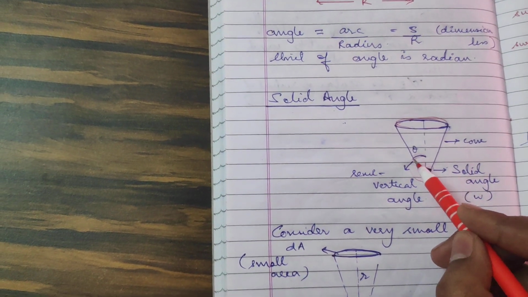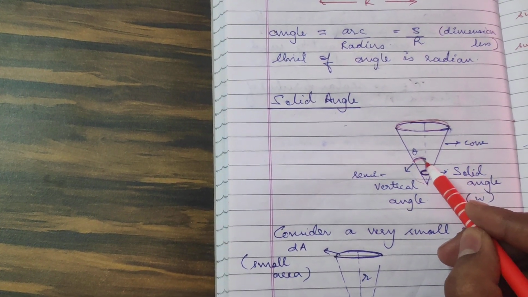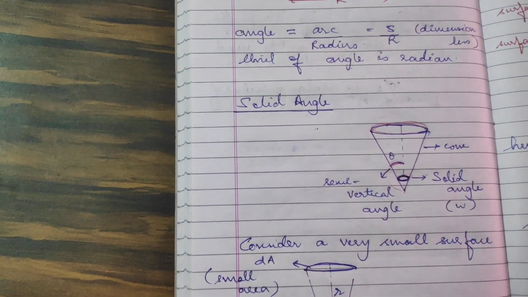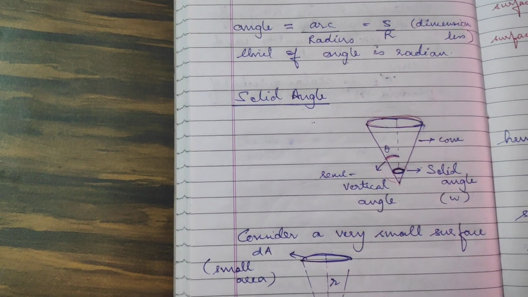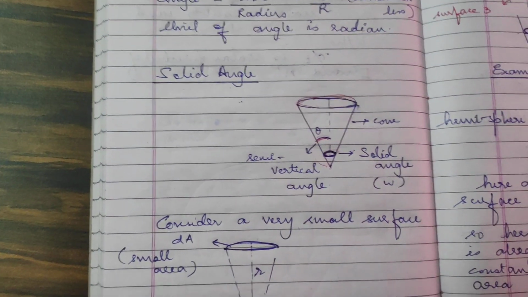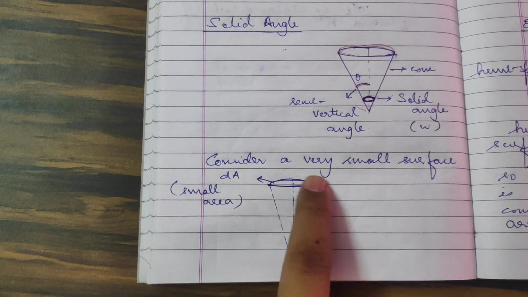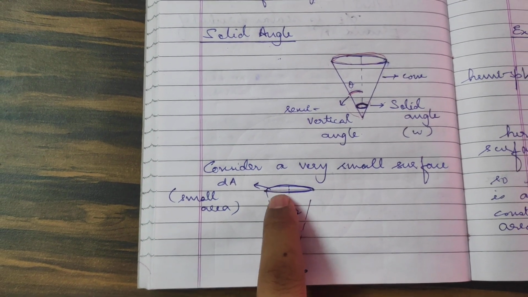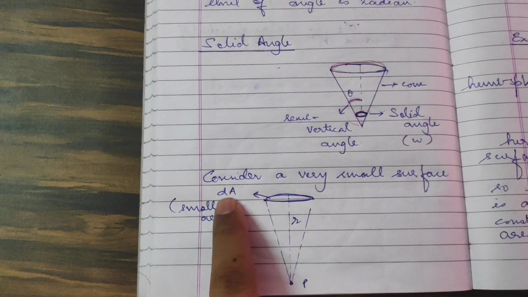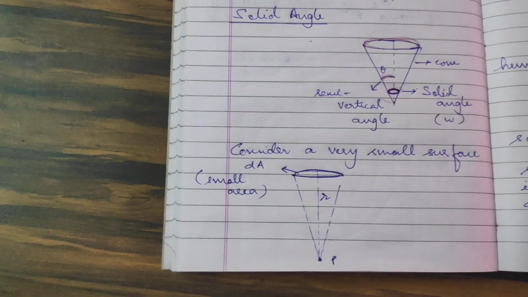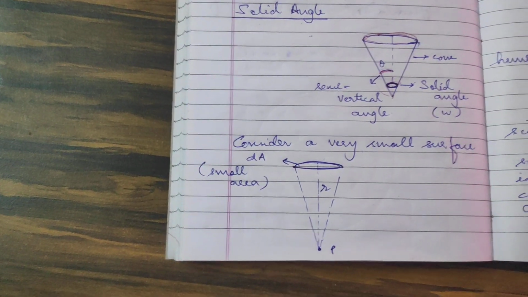So I am trying to show this with a single arc, and this I have shown with a circle, to make you understand the difference between a two-dimensional and a three-dimensional angle. Now consider this area dA to be very small. Why have I assumed this area to be small?